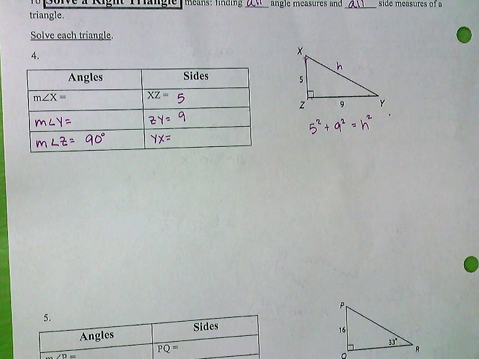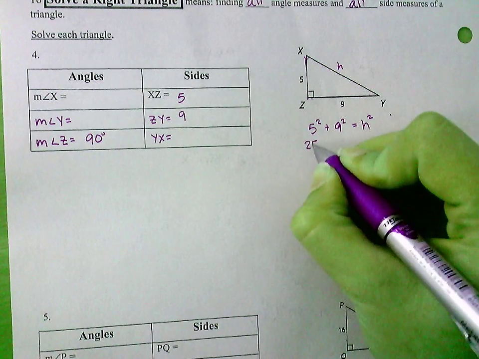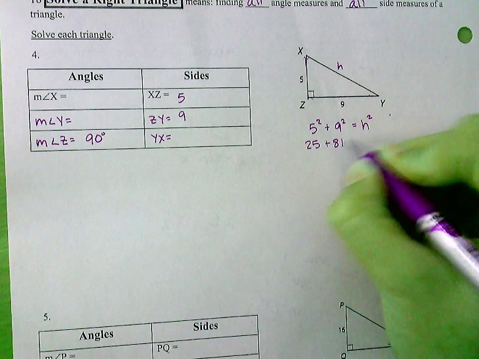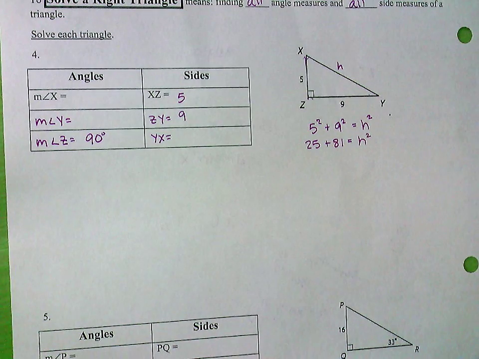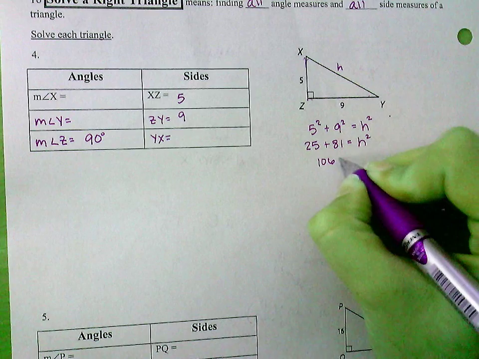So I can use everything that we have done so far to solve this right triangle. 5 squared, 25, plus 9 squared is 81, equals h squared, which is 106.